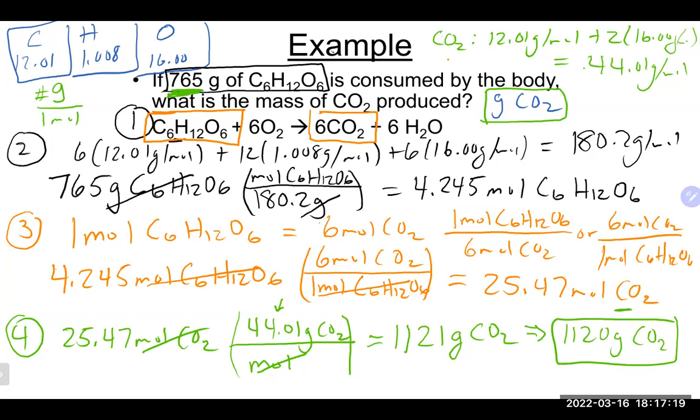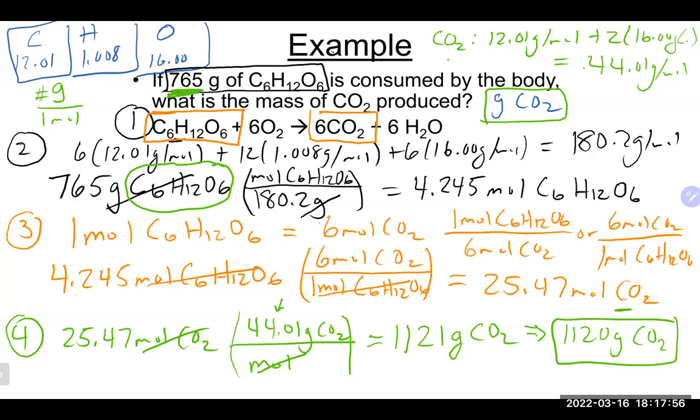So in step number 2, what we were actually dealing with was not CO2, it was this guy, where the 6 carbons, the 12 hydrogens and the 6 oxygens come from, because that's basically what we started with. So that is what we needed the molar mass with at that point. By the time we got down to step number 4, because step number 3 is the stoichiometry part, which took us from the C6H12O6 to the CO2, that was the whole point of the stoichiometry part, to get us over there. Now we're at CO2, so we have to use the molar mass for CO2 in that particular case.